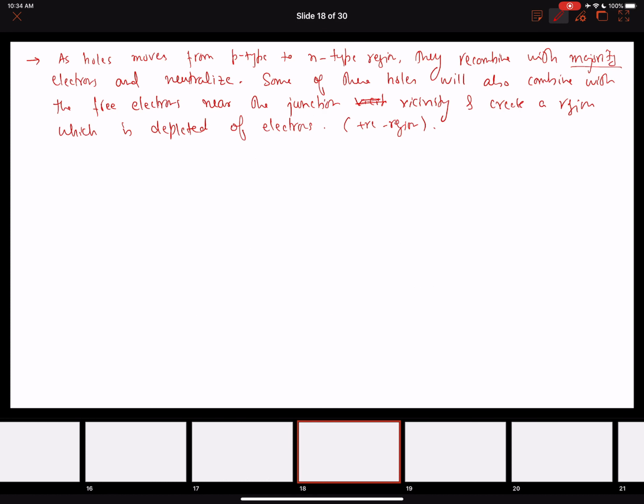Okay, so I can write this as well now. Similarly, electrons move to the p region and combine with holes and neutralize.